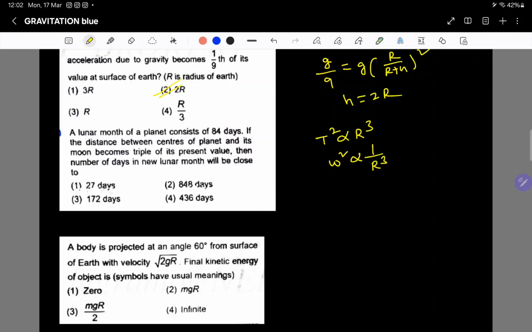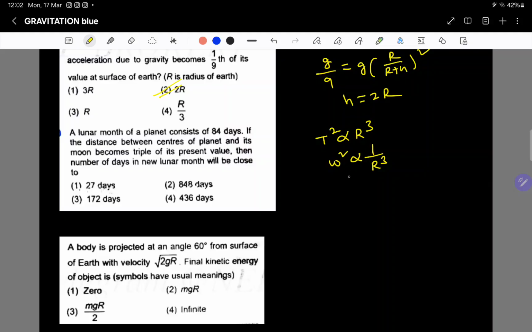So now here, T1 by T2. Angular frequency, now here the new time period is being asked, right? First, T1 is nothing but the lunar month of the planet, which consists of 84 days, and the distance between the centers of the planet and moon becomes 3 times.